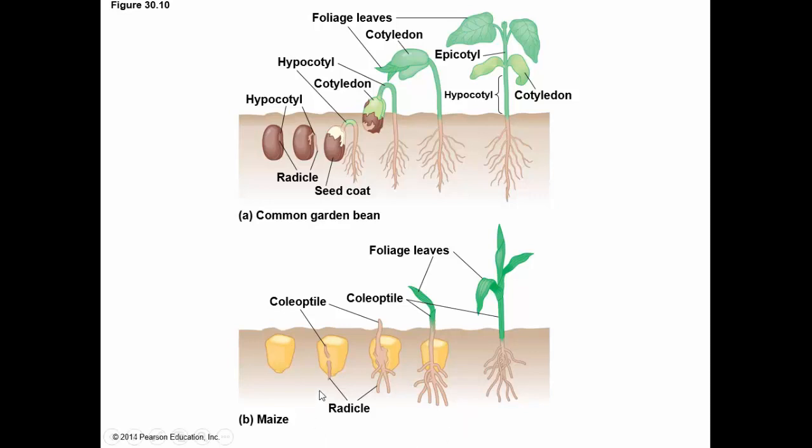In both instances, the radicle emerges first, but in the monocot, a separate stem comes up to form the stalk of the plant. The plant is still using up the endosperm that's stored in the seed, and the leaves are beginning to grow as that nourishment is disappearing.